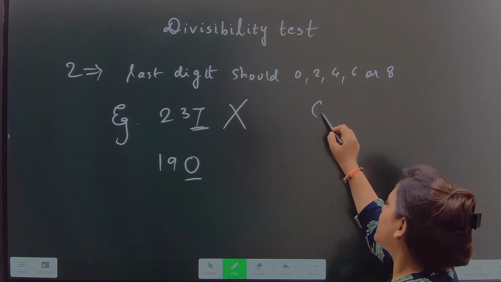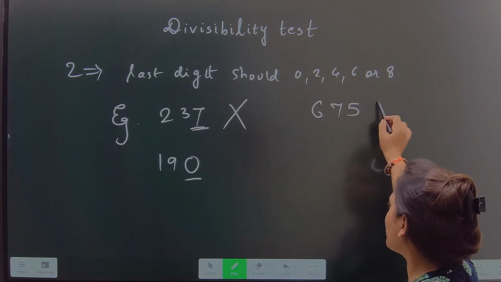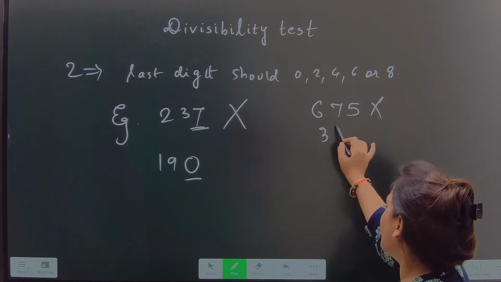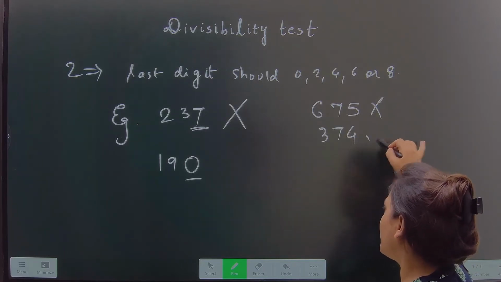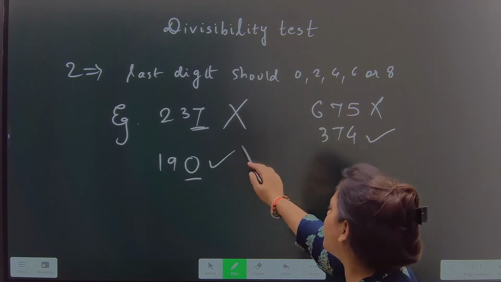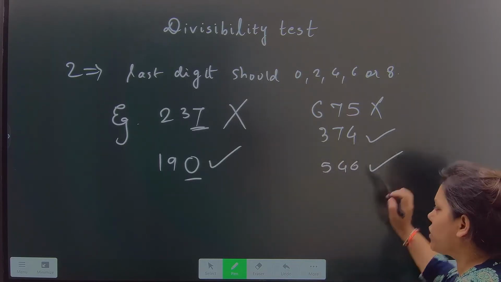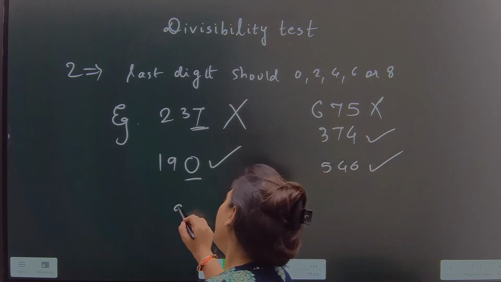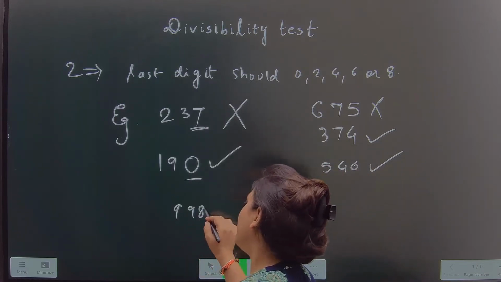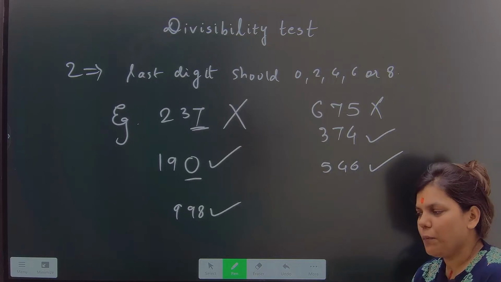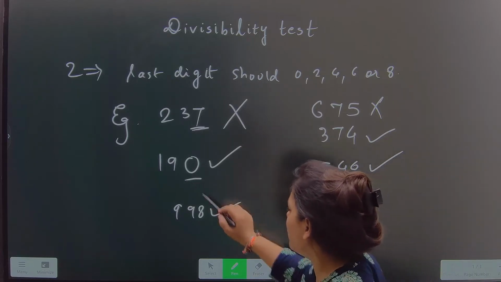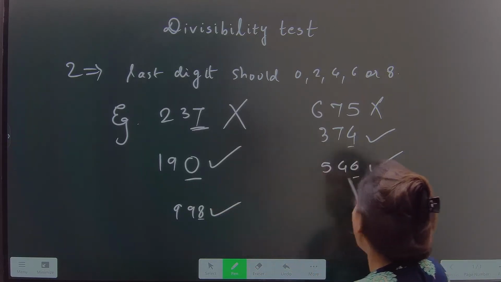Similarly, 675, this also is not divisible. 374, this is divisible. 546, this also is divisible, or maybe 998, this is also divisible, because they have either 0, 8, 4 or 6.